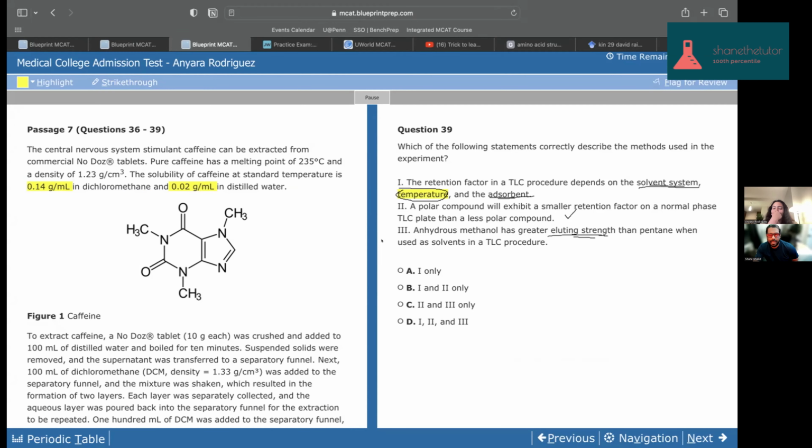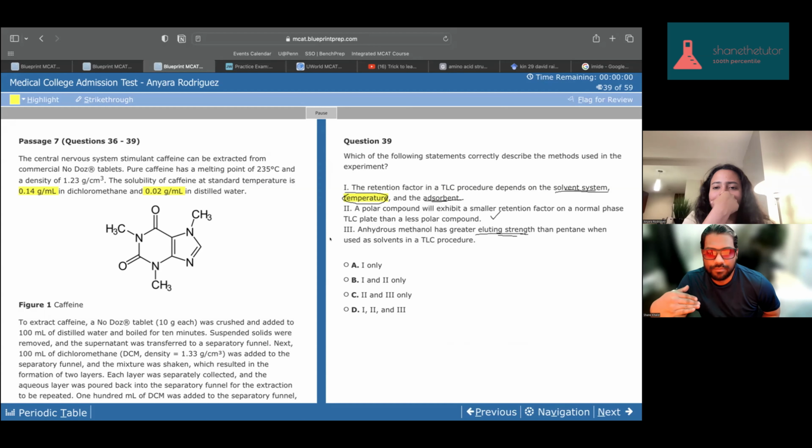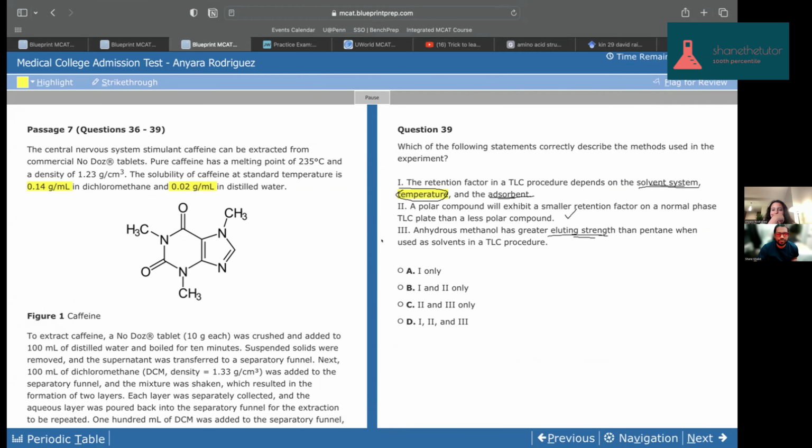Like how far something can travel up the plate.